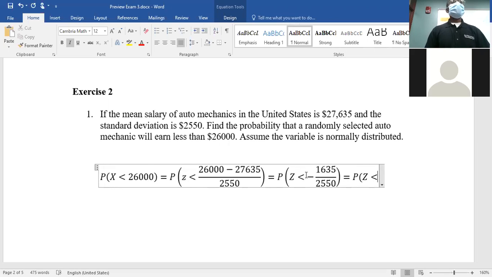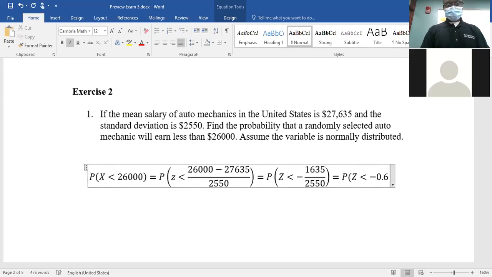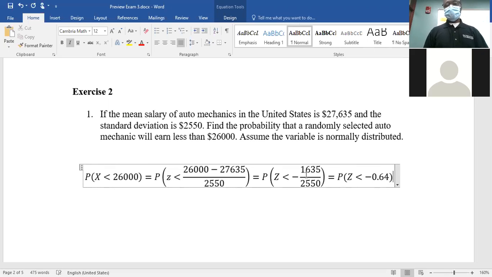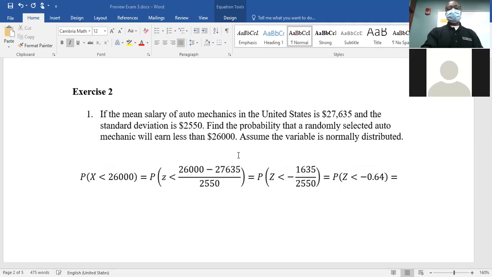Can you use your calculator to find this? Negative 0.64, which is equal to, we go to the table, negative 0.64, 0.264.